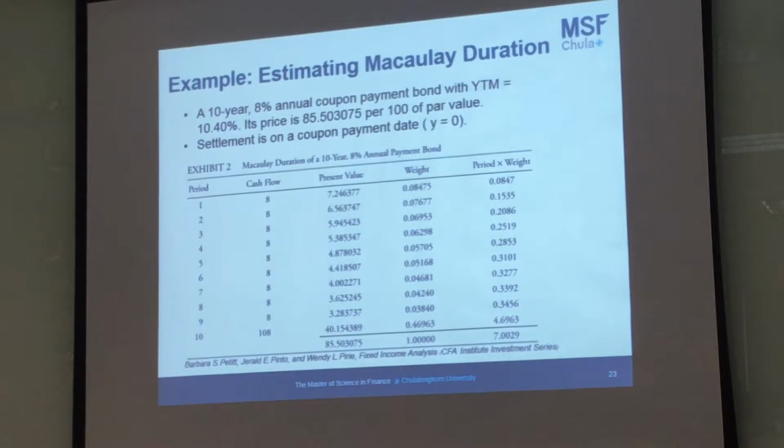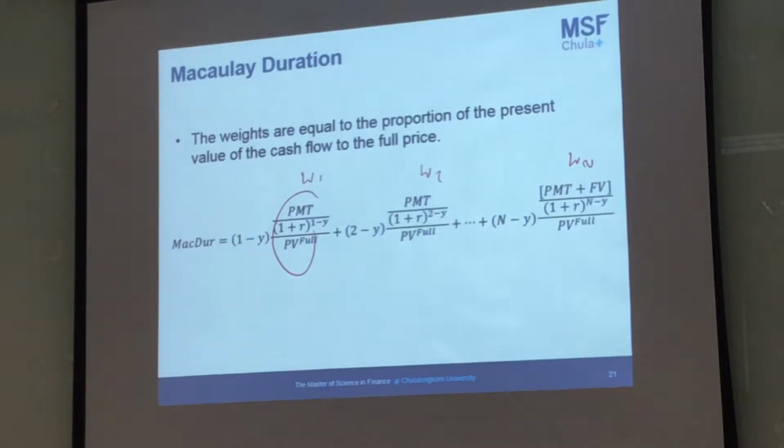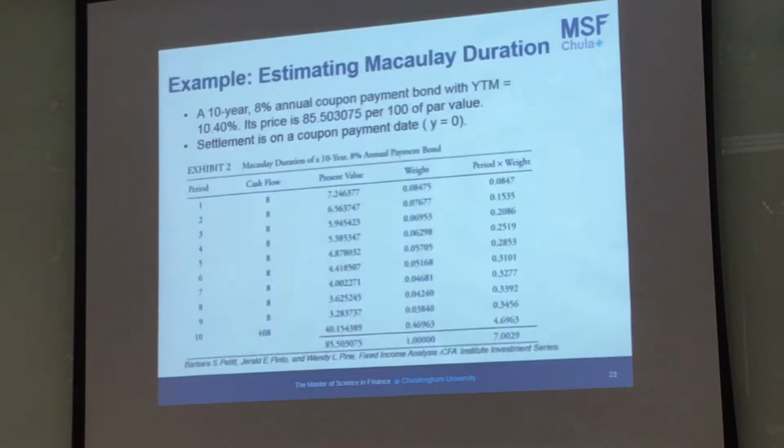You can use the closed form formula to estimate the Macaulay duration by using this formula, or you can use this. But this one is only applicable for a bond at the time that the bond pays the coupon.